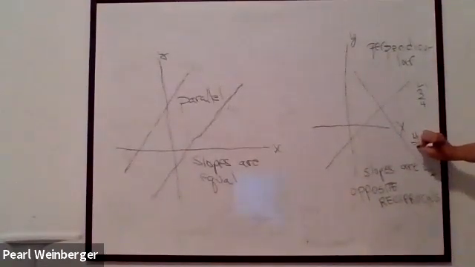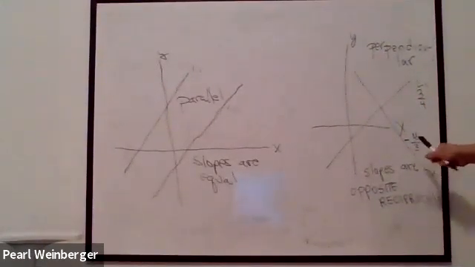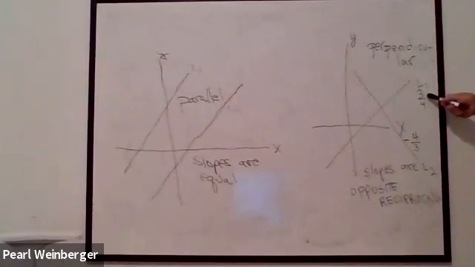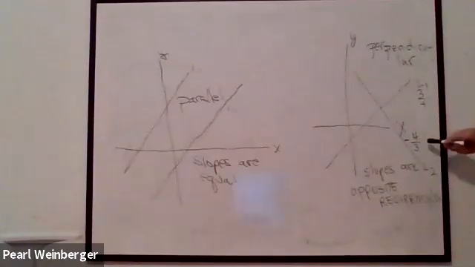Reciprocal means you flip over the fraction, and it has the opposite sign. This was positive, this one has to be negative. Or if you started out with -4/3, then its opposite reciprocal would have to be positive 3/4. One of them will always have a positive slope, one will have a negative slope, and the fraction will be flipped over.